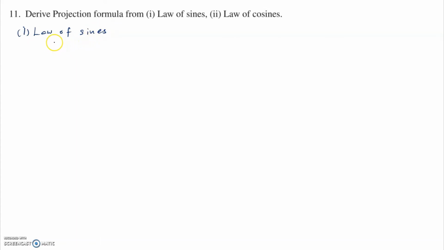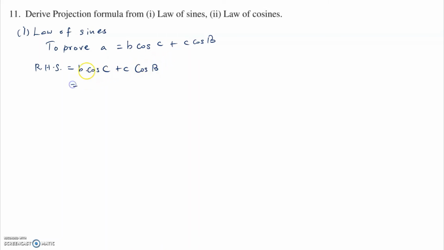Okay, so we need to prove the projection formula, which is A is equal to B cos C plus C cos B. So let's take the right hand side. So the right hand side is equal to B cos C plus C cos B.